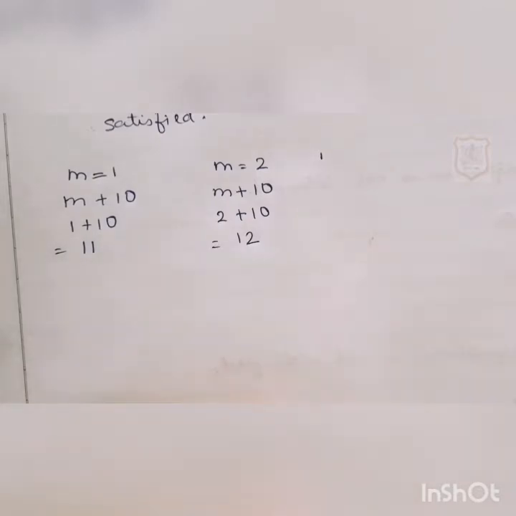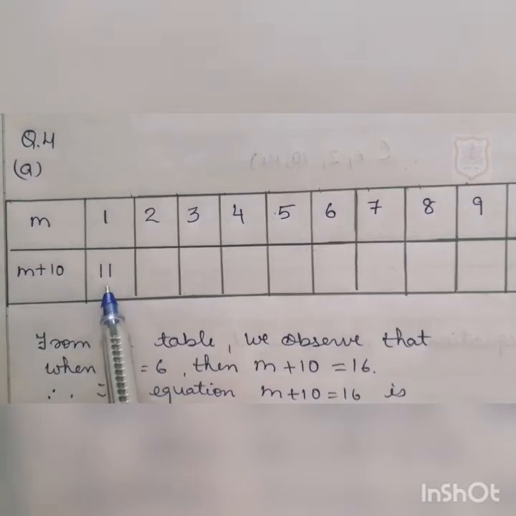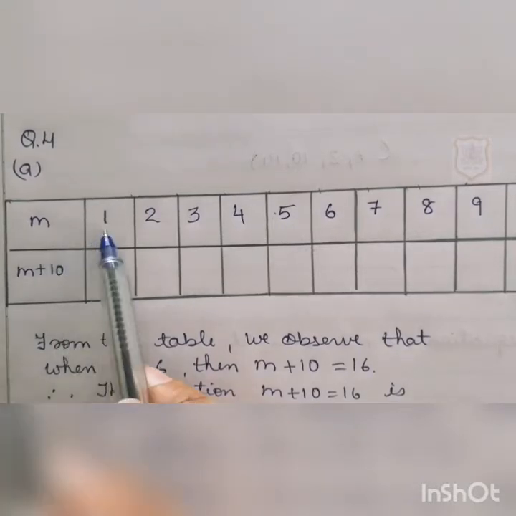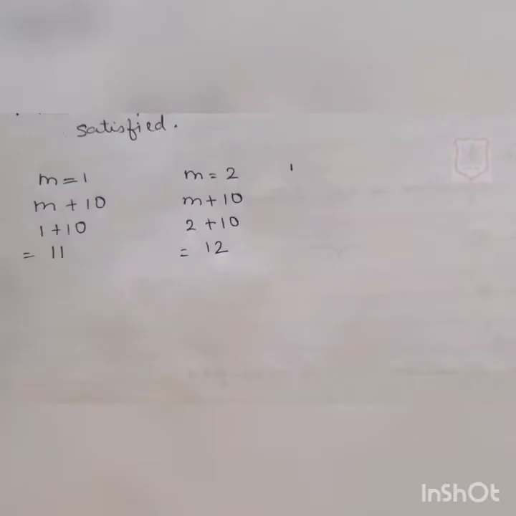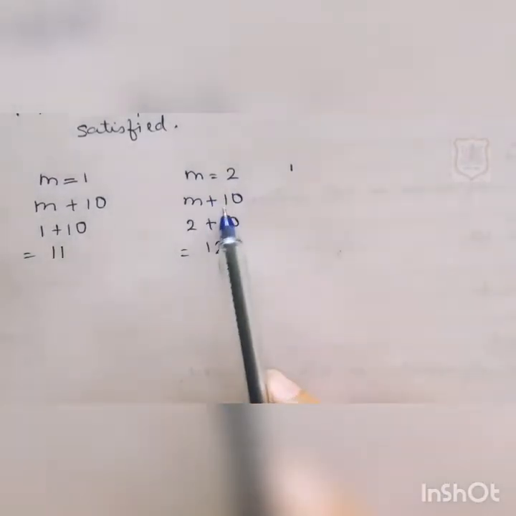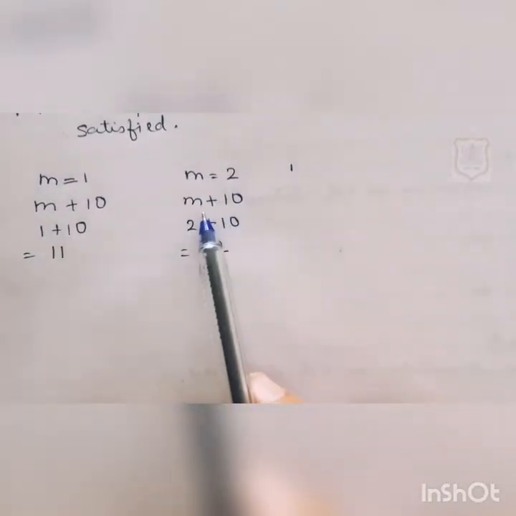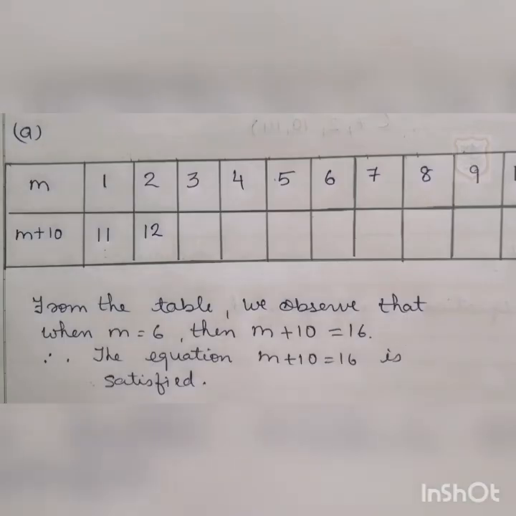So we'll write the answer 11 in the first box. Now when the value of m is 2, then what is m plus 10? Now again for this we'll say m is equal to 2. So m plus 10 is equal to 2 plus 10. So 2 plus 10 we get 12. So we'll write 12 in the given box.